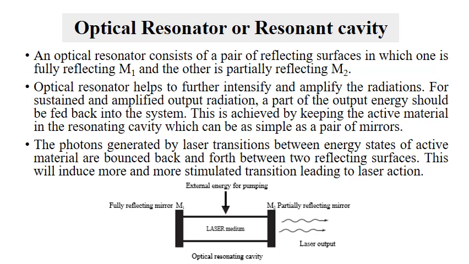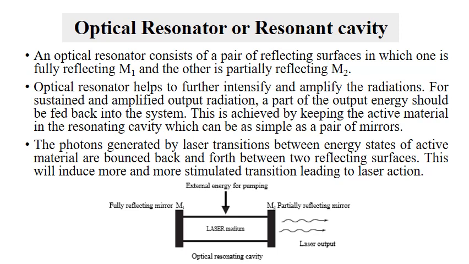This is achieved by keeping the active material in the resonating cavity, which can be as simple as a pair of mirrors. The photons generated by laser transitions between energy states of active material are bounced back and forth between two reflecting surfaces. This will induce more and more stimulated transitions leading to laser action.